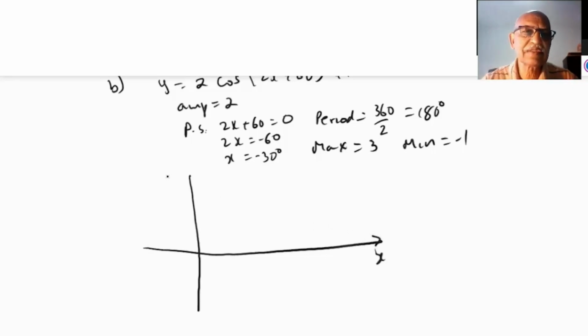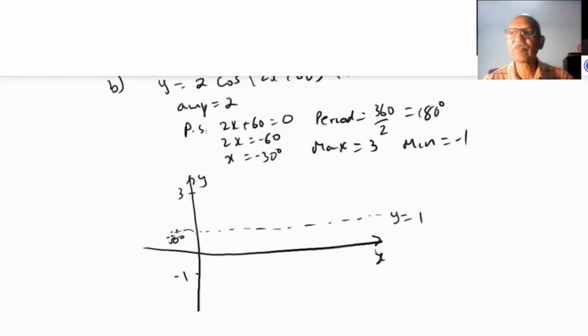This is x, this is y. Again, the maximum is 3, the minimum is negative 1, and the new horizontal axis is y equals 1. The period is 180 degrees, but the phase shift is negative 30, so it starts 30 degrees to the left, at negative 30 degrees.